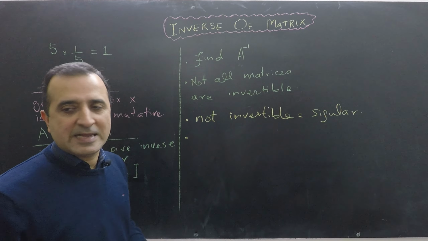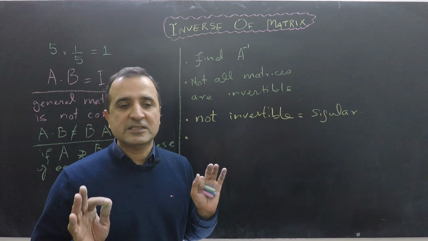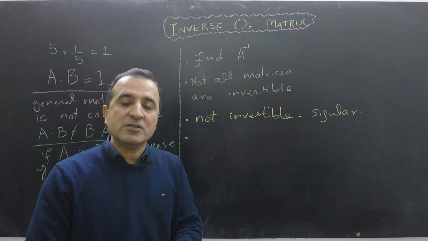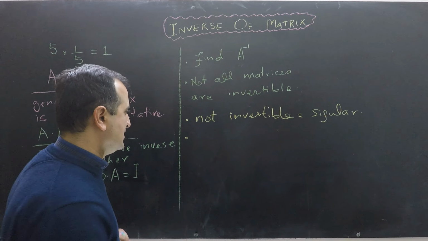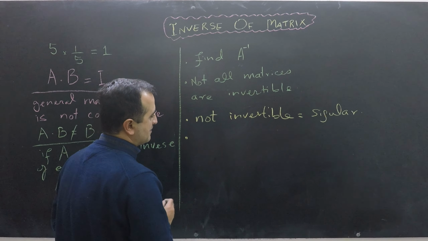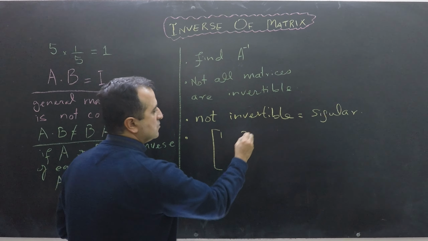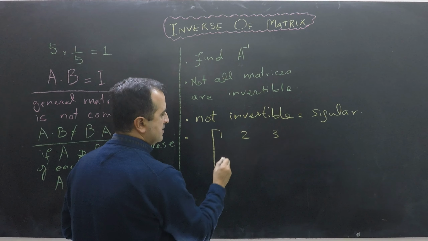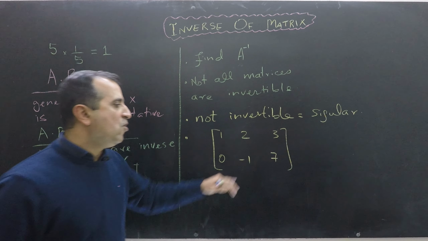Another important thing is that you can only find the inverse of a square matrix. If a matrix is not square, then you cannot find the inverse of that matrix. For example, this matrix 1, 2, 3 and 0, -1, 7 will not be invertible.